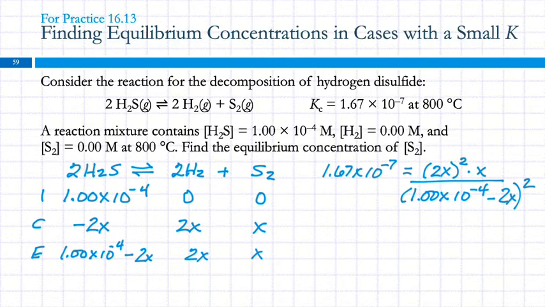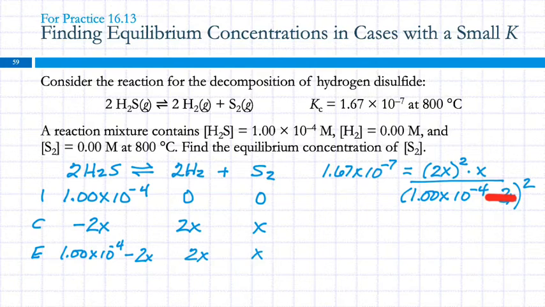The x is small approximation says that we're going to get rid of this subtracted term. Say it's too small to mess with, so anything that's subtracted or added with x, I can just get rid of those. And now we solve the rest of this.